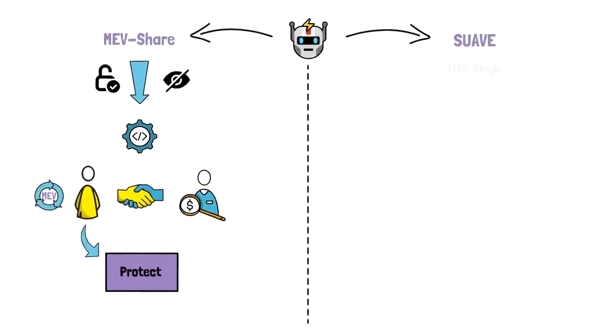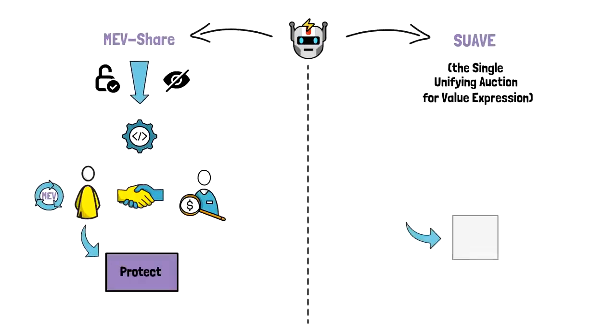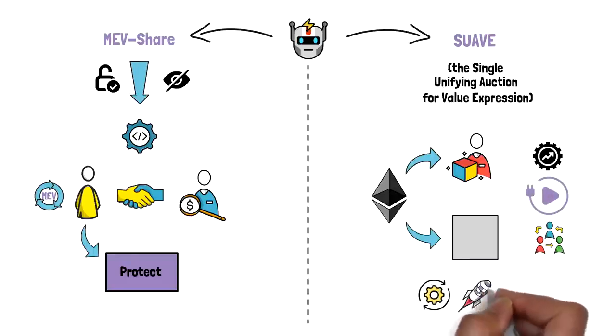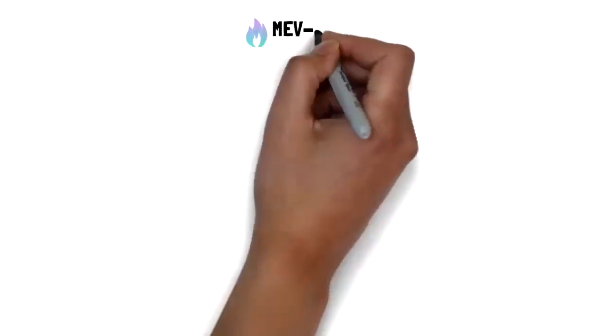Suave, the single unifying auction for value expression, unbundles the mempool and block builder roles from existing blockchains and offers a highly specialized and decentralized plug-and-play alternative. Suave is currently being developed with a first release expected sometime in 2024. There are also some optimizations that can be applied to MEV. One of them is MEV Burn, proposed by Justin Drake.